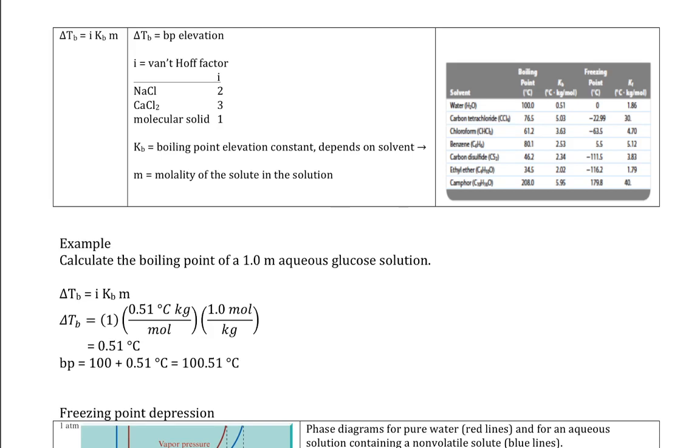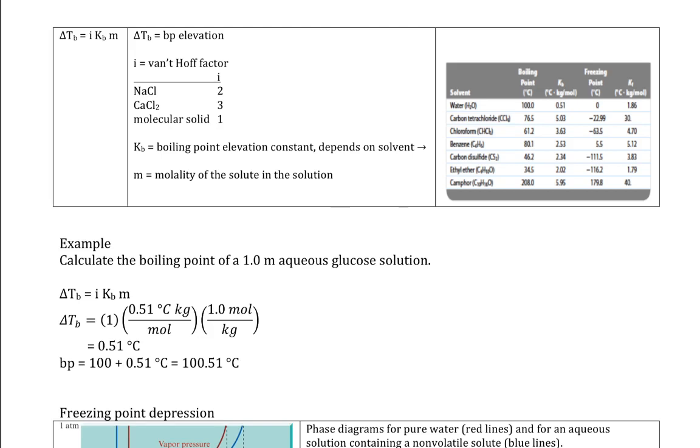The units given in the table are degrees Celsius kilograms per mole, and then the molality is 1.0 moles per kilogram. Unit analysis shows us that moles and kilograms cancel out, so we're left with just degrees Celsius. So delta T sub B is 0.51 degrees Celsius.